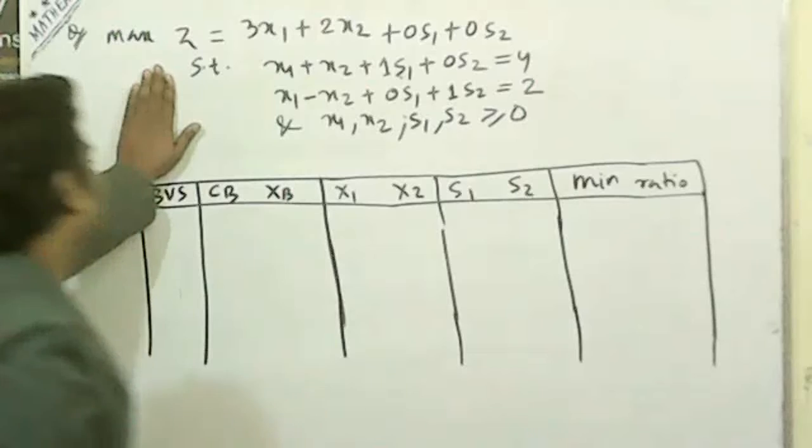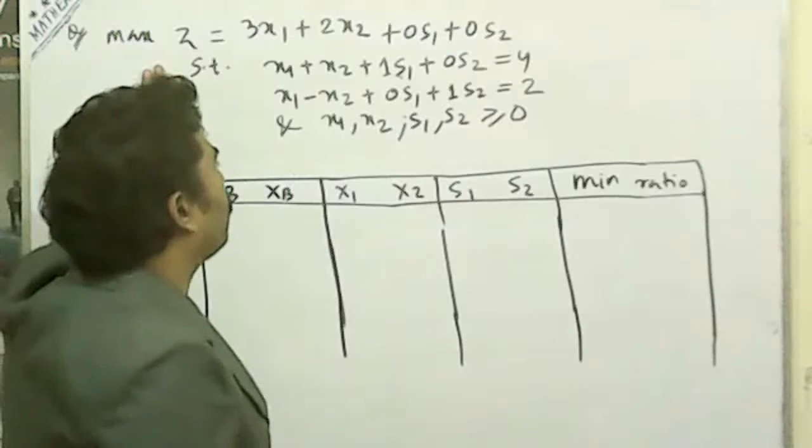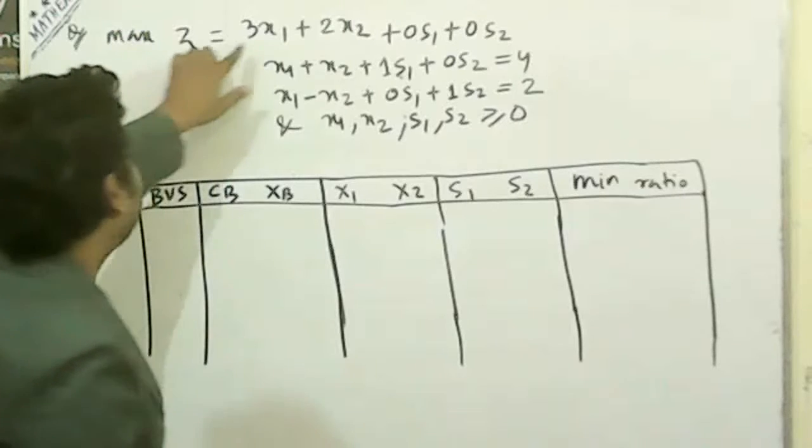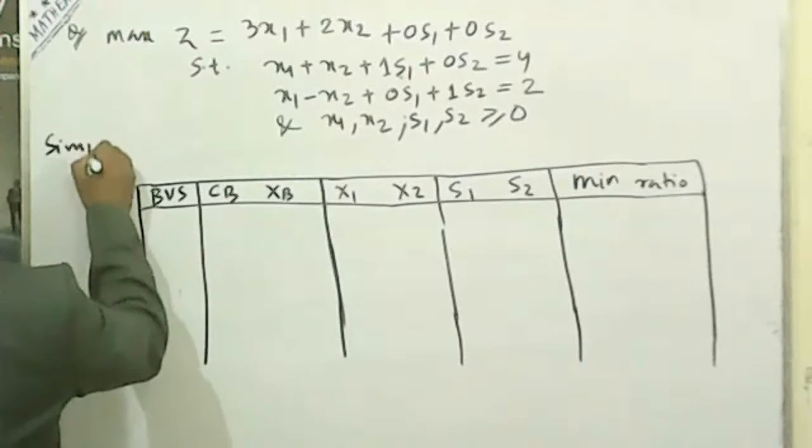According to the question, max Z is equal to 3x1 plus 2x2 plus 0s1 plus 0s2. So 3x1, that means here, this is the simplex table.